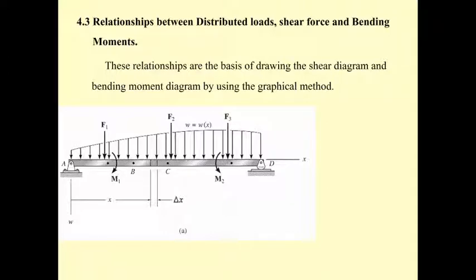starting from considering the beam or the frame and drawing the free body diagram, where the number of unknowns in the free body diagram is equal to the number of equations of equilibrium we have.